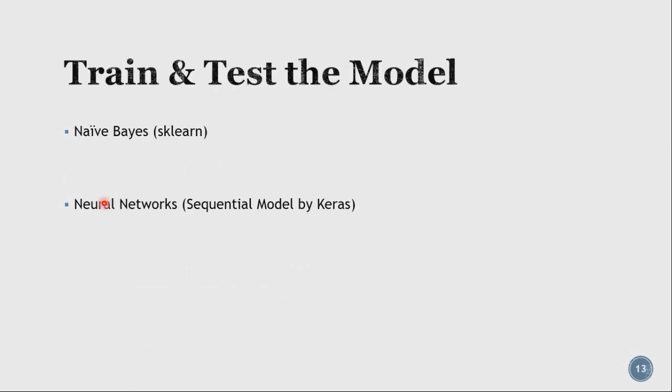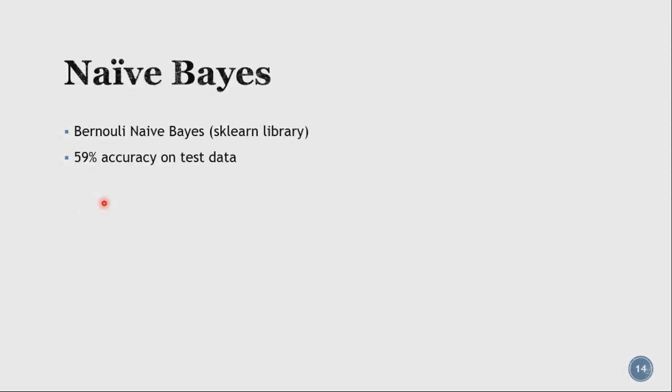So the classification approaches used were naive bayes and neural networks. Naive bayes is a non-deep learning classification approach, and the neural networks is a deep learning approach. Bernoulli naive bayes was used from the scikit-learn library.